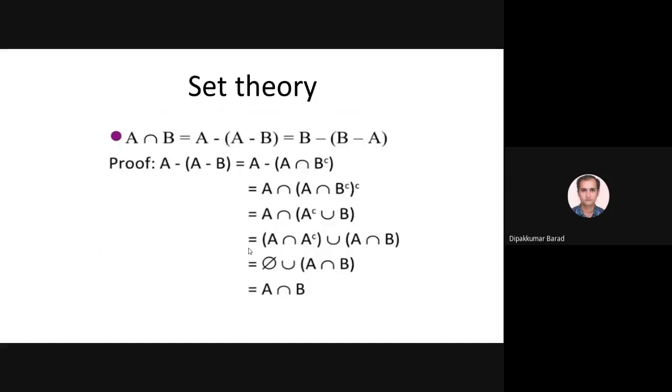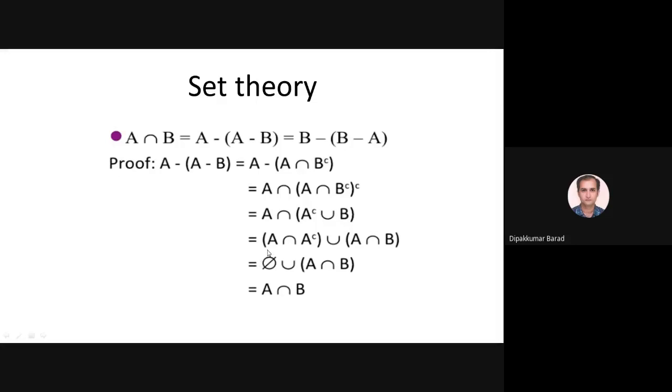Okay, so this is A intersection B, which is nothing but A minus B, or I can say B minus A, and we can show that, see, A minus B is nothing but A intersection B complement. Now again, A minus A intersection B complement means A intersection complement of A minus B. Okay, now if we apply this complement, then A complement union B complement complement, which is B itself.